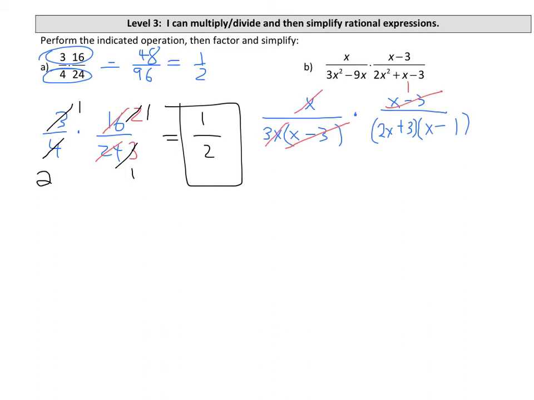So these two x's will cancel out, leaving us a 1 on the top of the first fraction. Now, there's nothing else that will cancel, so we do top times top to multiply the fractions. 1 times 1 is 1. And bottom times bottom. So I have a 3 from the first fraction, and then 2x plus 3 from the second fraction, and x minus 1. And that's my final answer.